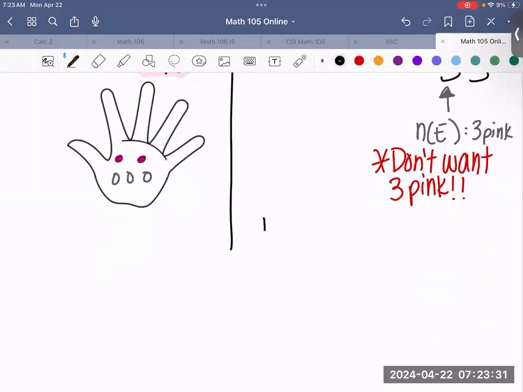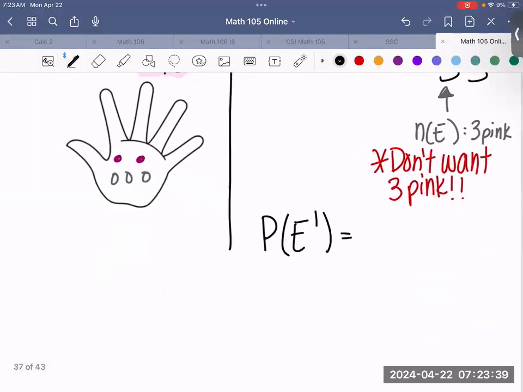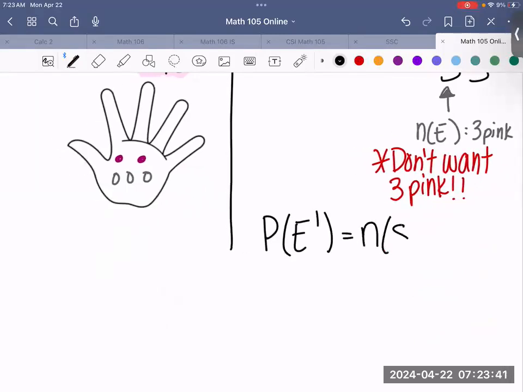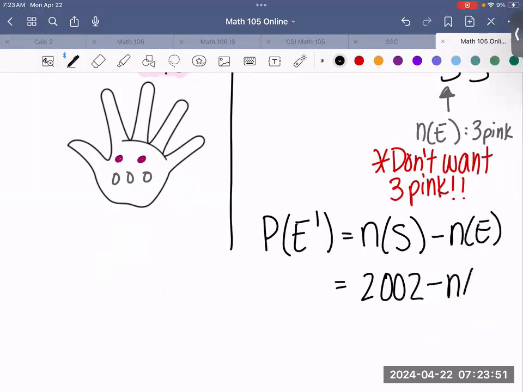So if we take the probability of not selecting the 3 pink, we're going to find your total number of events, 2002, and subtract out the event that we have, the 55, to get 1947.